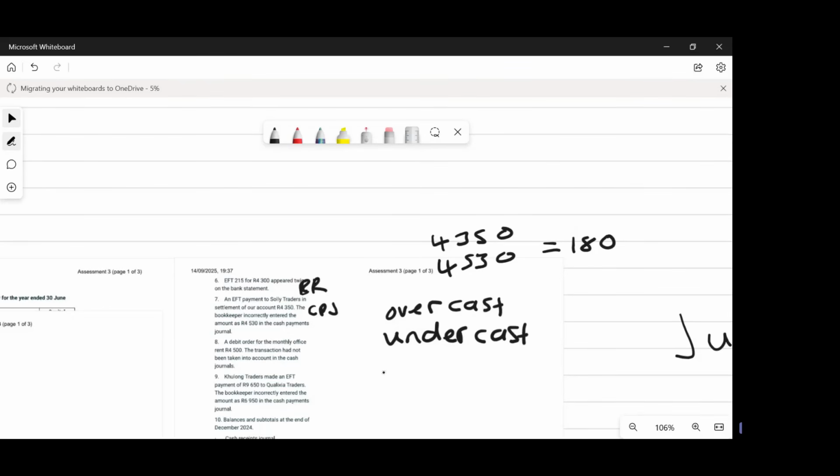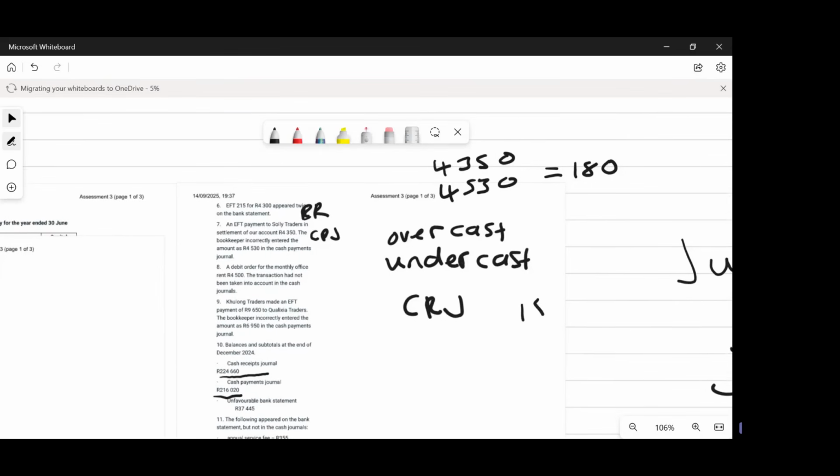So we go to the cash receipts journal and then we record that 180 back as what? We will record the name, solid traders. Either you can record it as an overcast. So you're adding this 180 which was over back to the bank in the cash receipts journal. Do you understand?